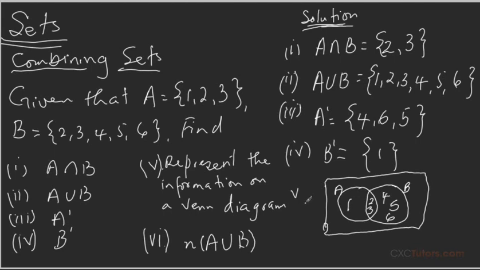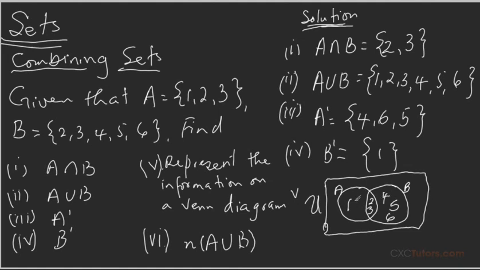So the elements in the universal set would be 1, 2, 3, 4, 5, 6. The elements of set B are 2, 3, 4, 5, 6. And the elements of set A are 1, 2, 3. So A only, sometimes we may be asked to state the elements or element in A only.